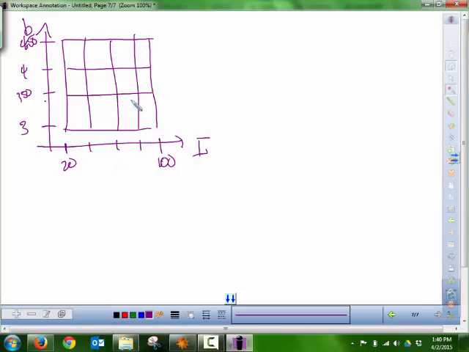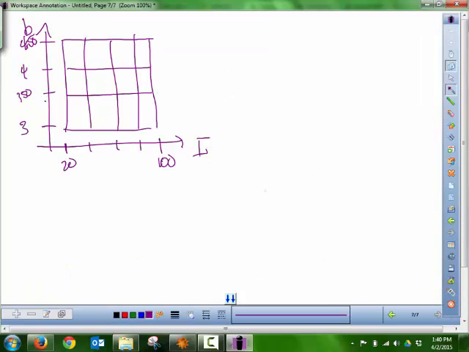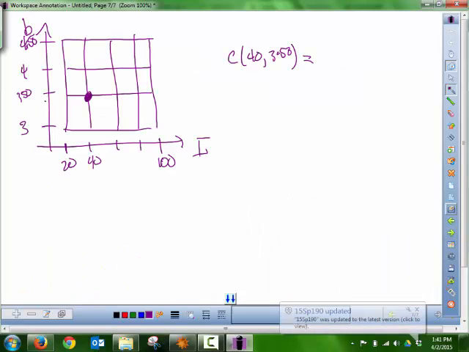So at each of these points, what was that first question that they asked? 40, 350 is this point over here, and that has a C value of 405.